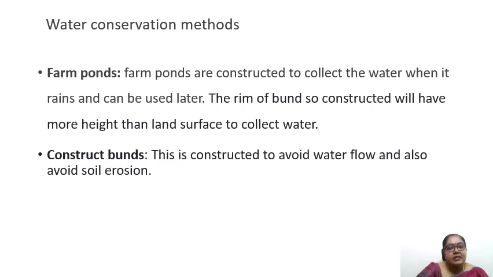They also construct bunds to avoid the water flow and also to avoid soil erosion. As we know, bunds are usually constructed so the water doesn't flow away. When they do it, it is trying to avoid the flow of water, at the same time helping us not to lose the fertile soil by soil erosion.